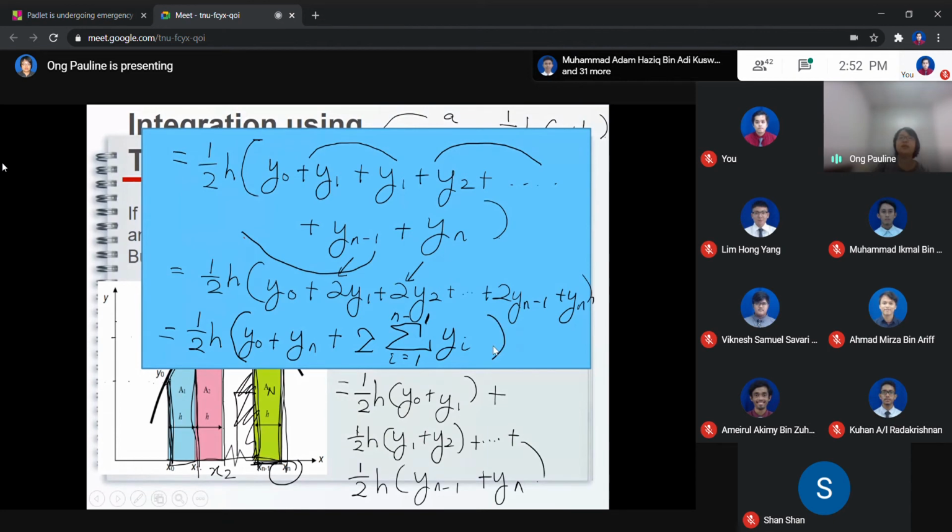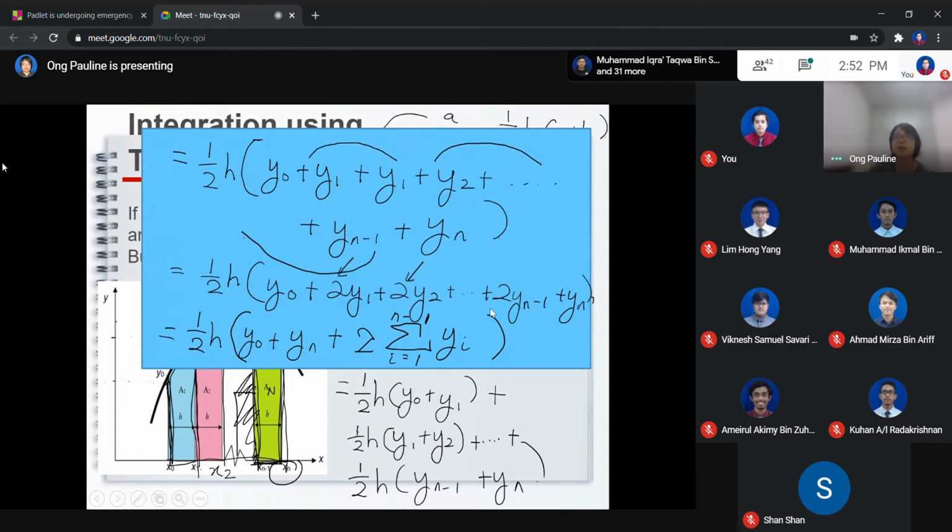So this is the most simplified equation, and this is the equation that we will use for the trapezoidal rule.